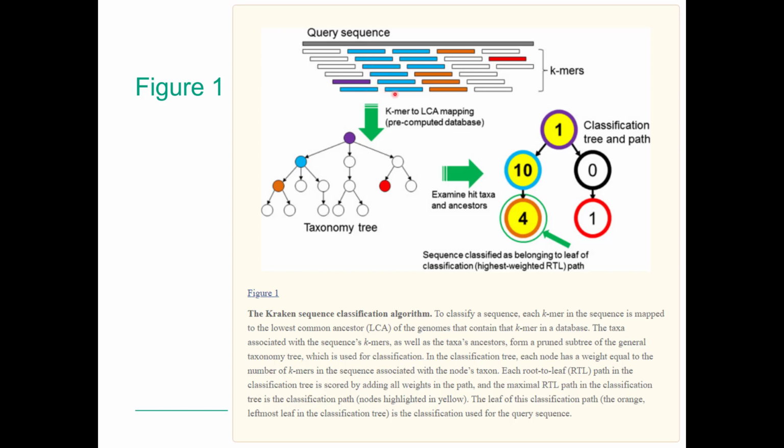But we see quite many of them are blue, and that's because they match this blue taxon here. Ten of the k-mers match the blue taxon. One of them matches the purple taxon here, or I shouldn't say matches, it's associated with. So the blue are associated with this one, the purple with this one, the orange ones with this one, and so on. One red is associated over here.